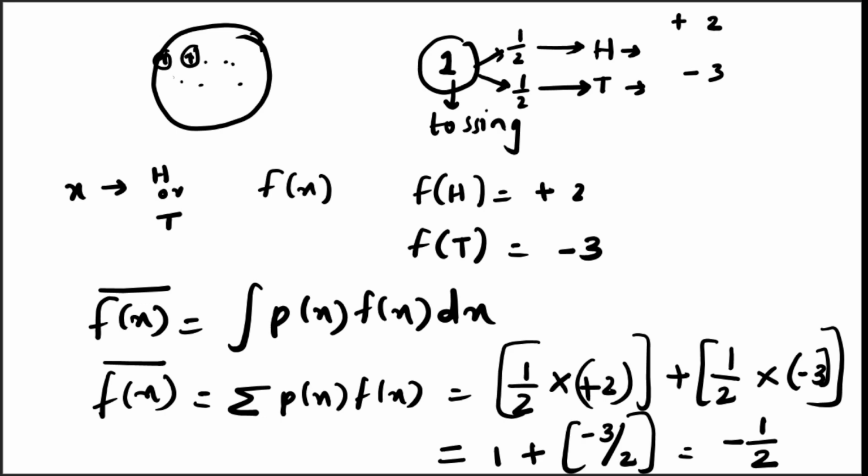From this, you can easily find how many tosses it would take for our whole coins to get finished. Because now we know per one toss we will lose half a rupee, how many tosses will it take for this 100 rupees to get finished? It is easy, just divide 100 by this half.